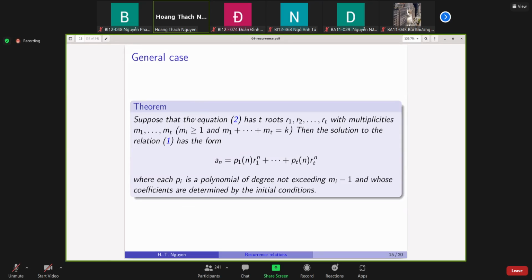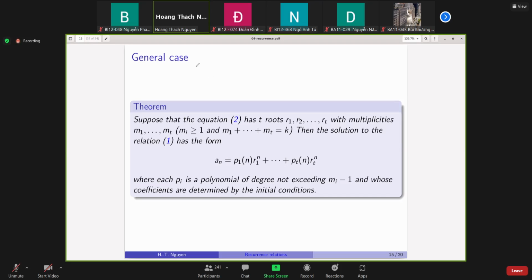So in this case, it is, of course, more complicated than the case of degree 2, because in degree 2, you only have two cases, okay? You have either R1 and R2 are different from each other, or R1 is equal to R2. But when your characteristic equation has a higher degree, then there may be many cases.